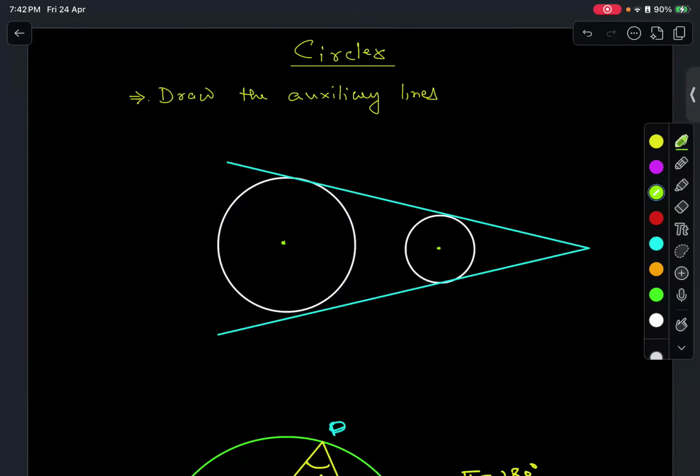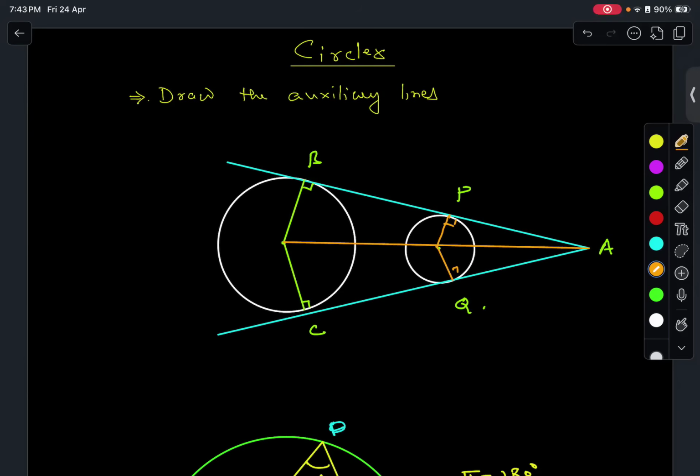If I join this, let these be A, B, C, P, Q. Can you see this? If I drop this line, this is 90 degrees. If I drop this, this is 90 degrees. I'll join the centers, the center is going here. Now this is 90 degrees and this is 90 degrees.